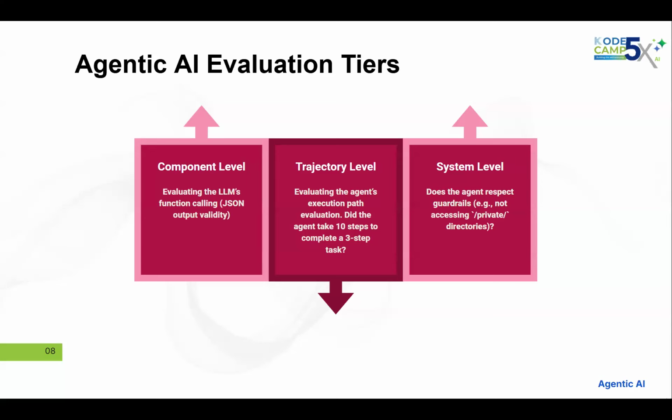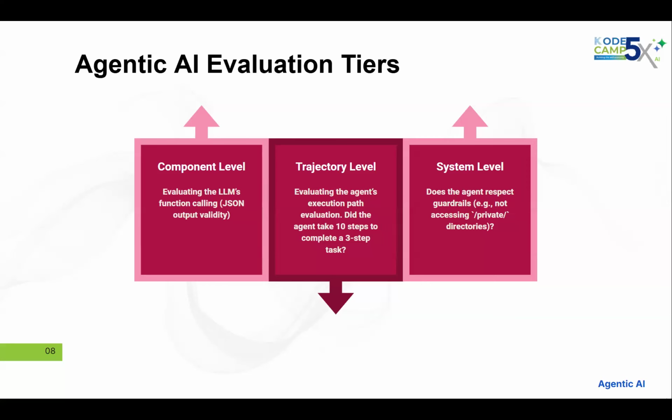The trajectory level is where you evaluate the agent's execution path, right? Let's assume that for this specific task, this task can be solved in 2 steps or 4 steps, but the agent takes 20 steps to solve it. That's a very inefficient trajectory. So at the trajectory level, you evaluate the execution path of the agent. And then at the system level, you check the overall agentic AI system.